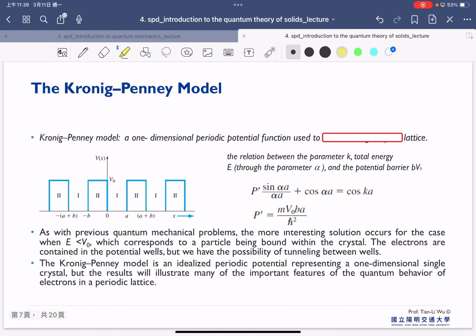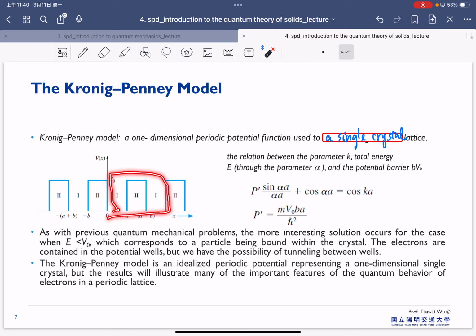And next is the case where we consider a one-dimensional periodic potential function for a single crystal lattice. As in our previous discussion with the wave equation, we have already considered the case like here, or the case in this way.